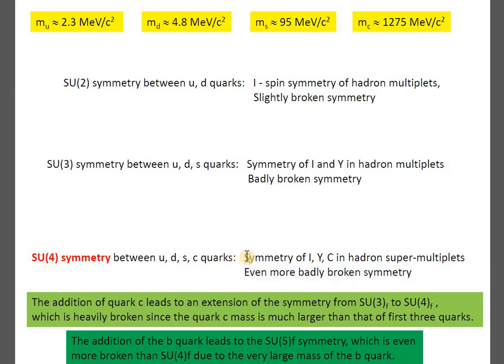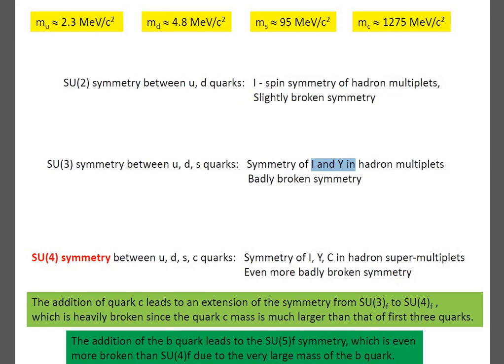Even so, if we assume it, we can get a symmetry of I, Y and this C for charm quantum number in hadron supermultiplets. So now we have supermultiplets. Previously for SU2 we have hadron multiplets, and then for SU3 we still had hadron multiplets in I and Y, but now we have supermultiplets.